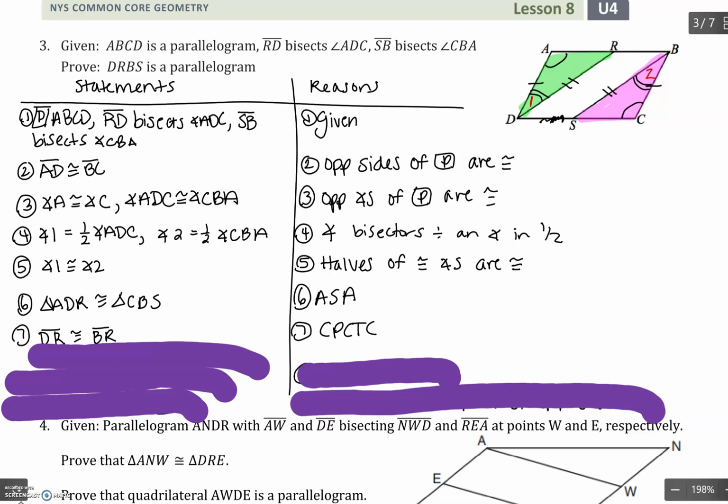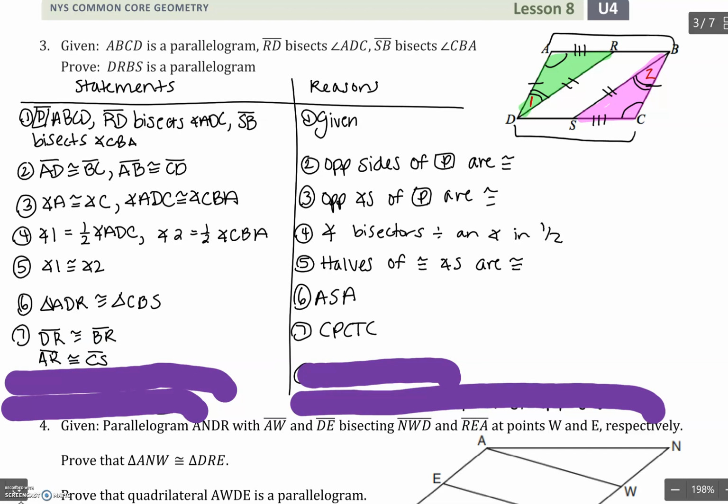Here's why. I know that AB is congruent to DC because they're also opposite sides of the original parallelogram. I can put that back up in here in step 2 rather than write a whole other step out. I also know that AR is congruent to CS because of CPCTC. I can put that in there as well.